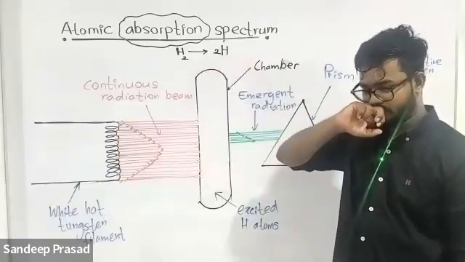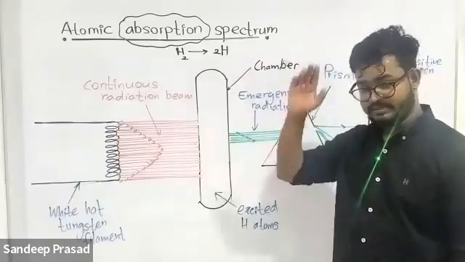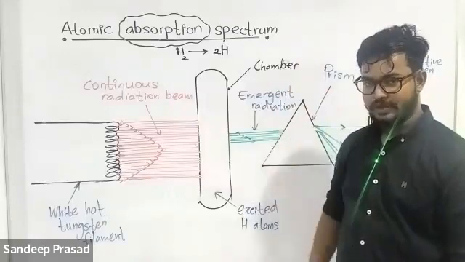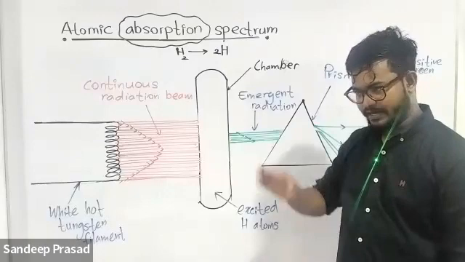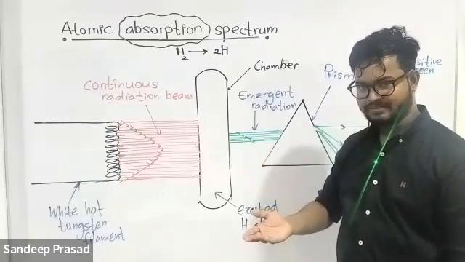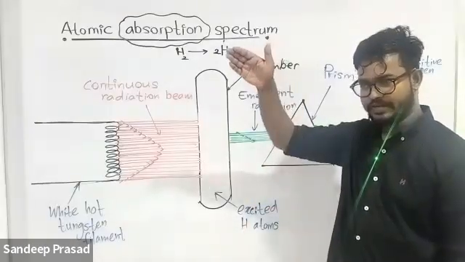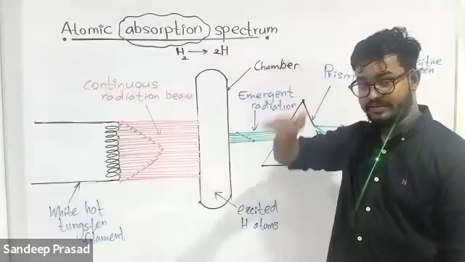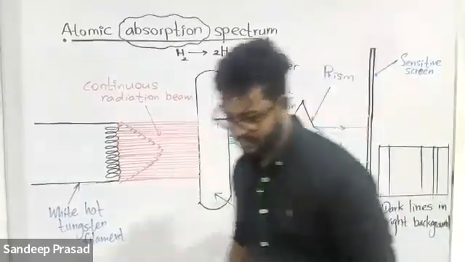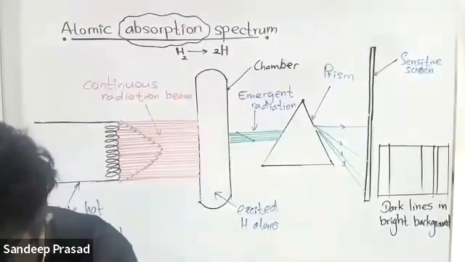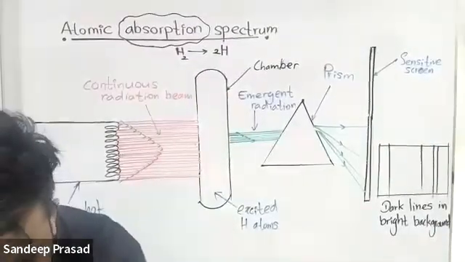Just imagine analyzing the lithium or sodium spectrum. Hydrogen emission spectrum is also complicated, but if we analyze an element like sodium, there are 11 electrons, so you have to analyze the spectrum of these 11 electrons. That's very difficult. That's why we are particularly using the hydrogen atom.